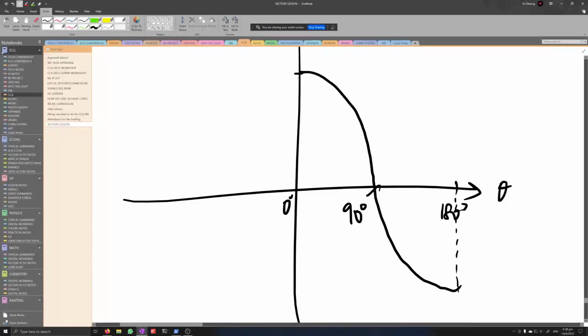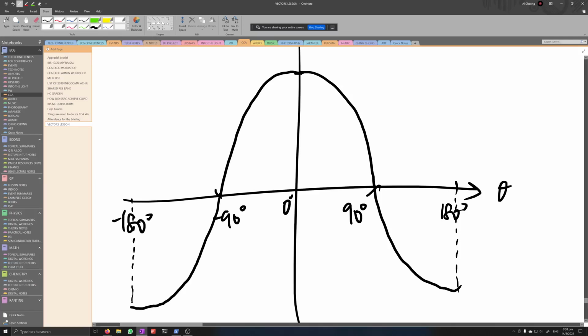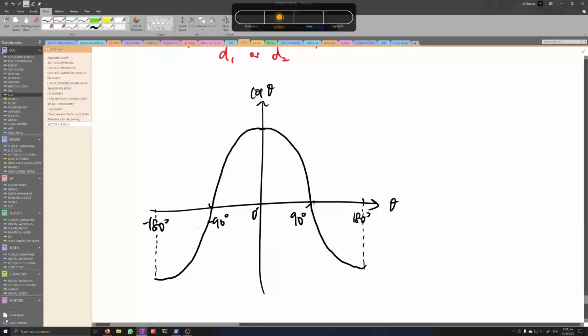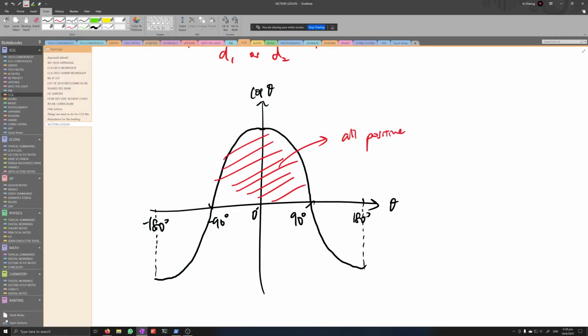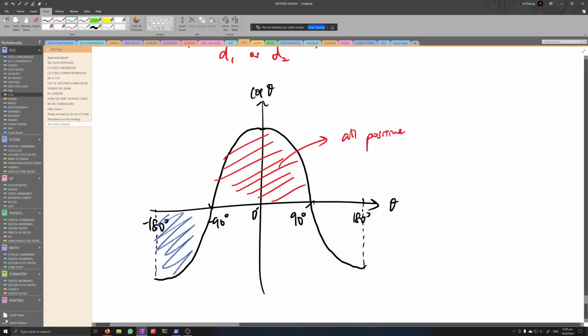Then we can reproduce this graph on the other side: minus 90 degrees, minus 180 degrees. Here you have positive, here you have negative. See, in this region, all positive, and in this region, all negative.